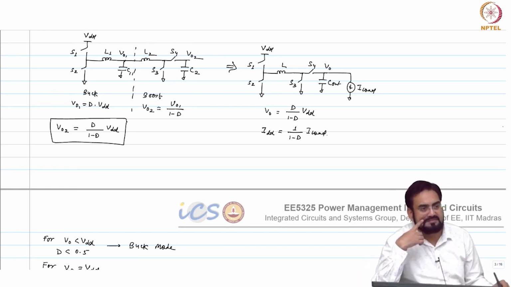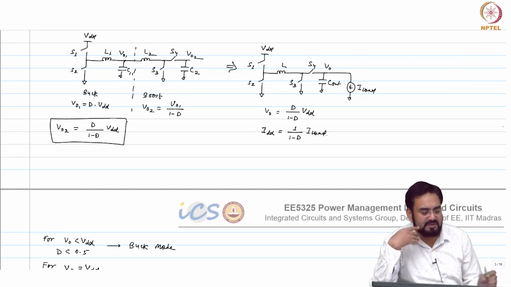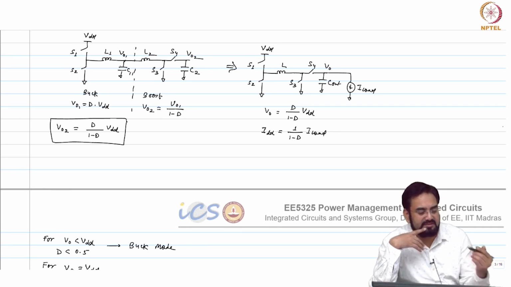Because for buck the load is the input current of the boost, and the inductor current of the boost, because for L1 your L2 basically is defining the current, correct?